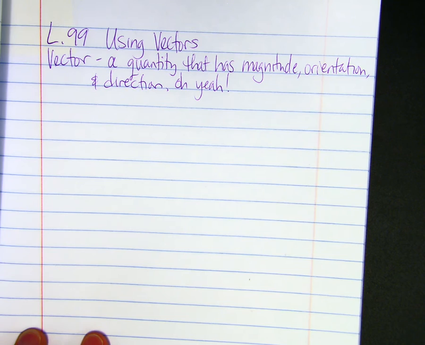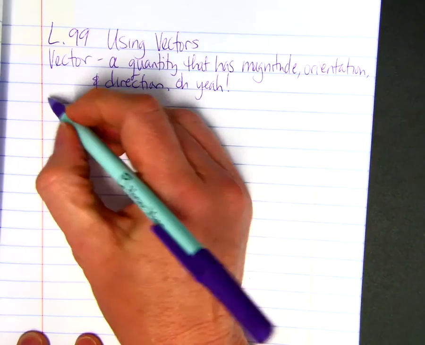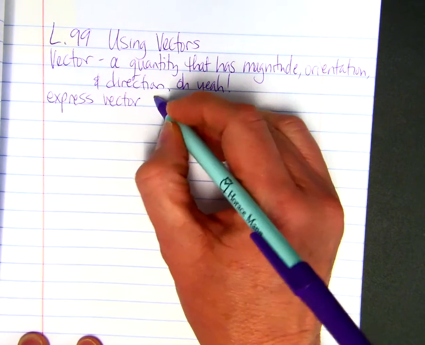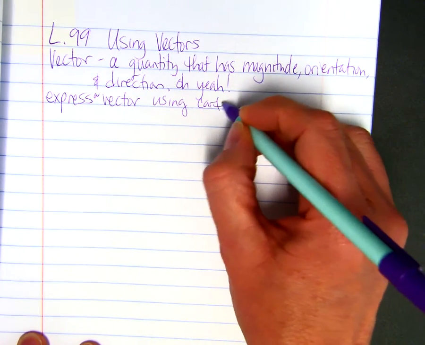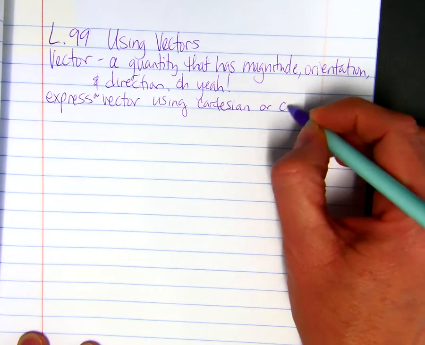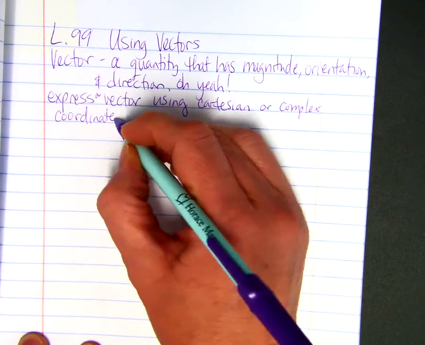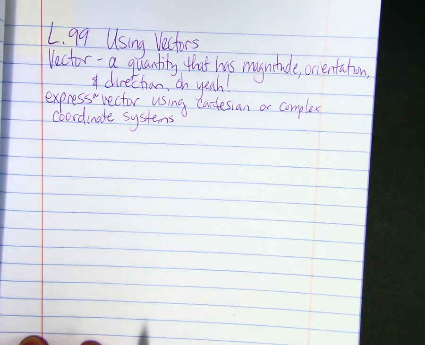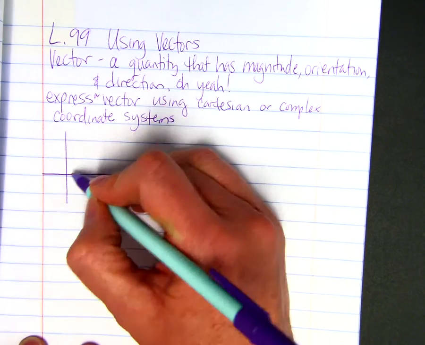So we can express a vector using Cartesian or complex coordinate systems. So here's an example of vector z.